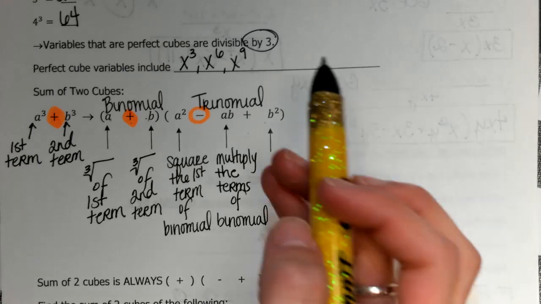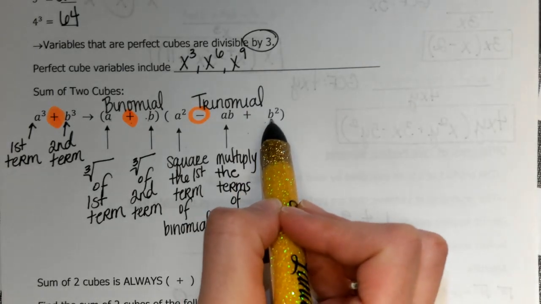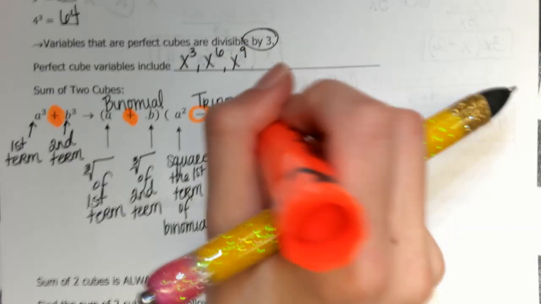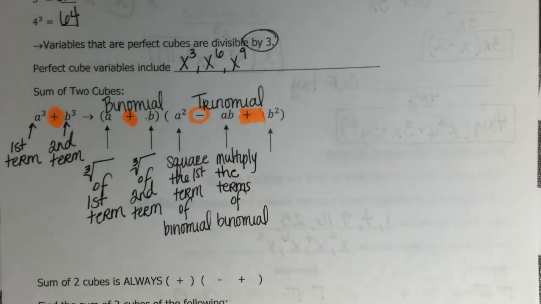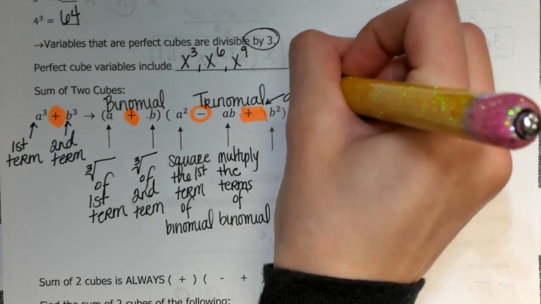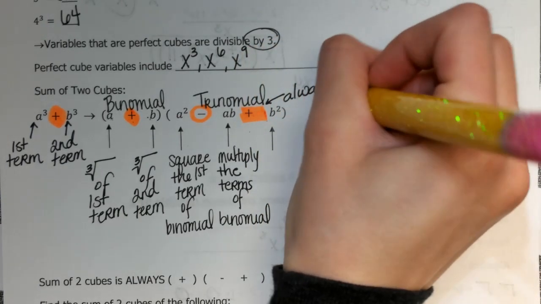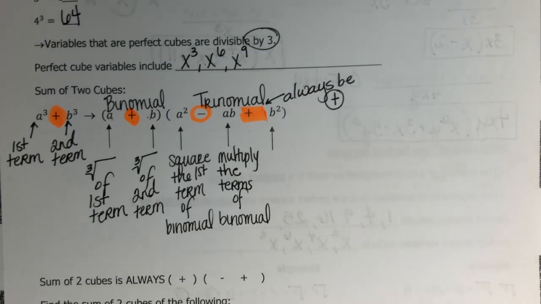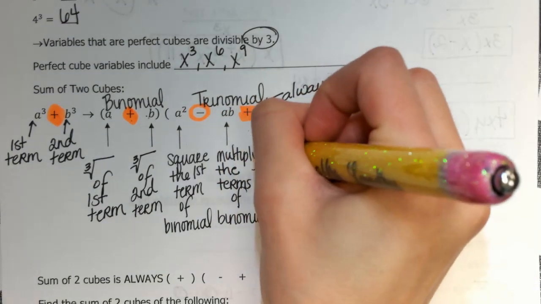Okay? B squared is always going to have a plus because anytime you square something, it's always positive. This will always be positive, whether you have the sum or the difference of 2 cubes. Now b squared, you're treating it like you did a squared.